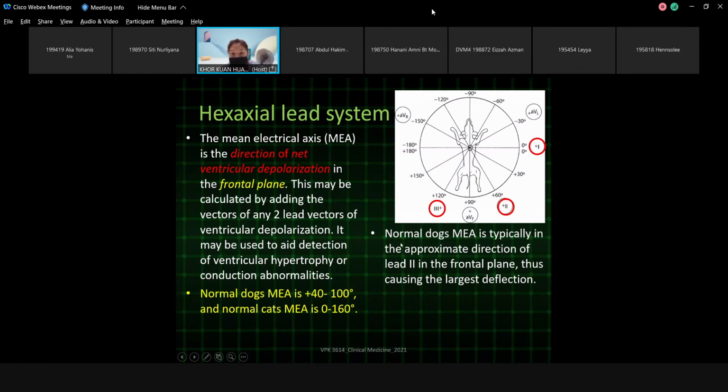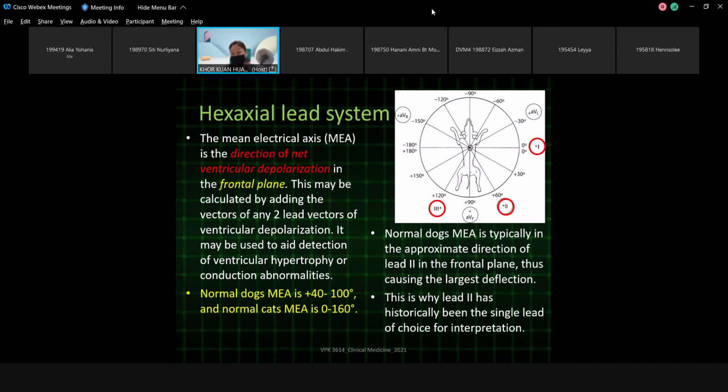Now, in dogs, the mean electrical axis is typically approximately in the direction of lead 2. The dog's heart is like this, and it normally points to lead 2. So that's why lead 2 is very important. Any choice of interpretation?